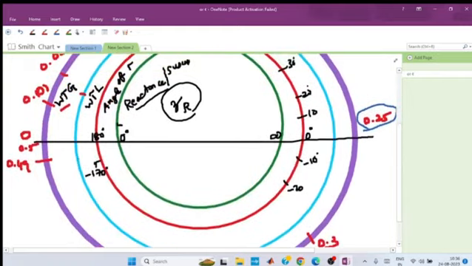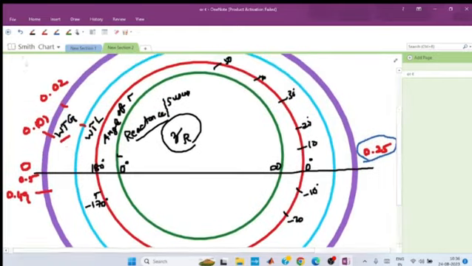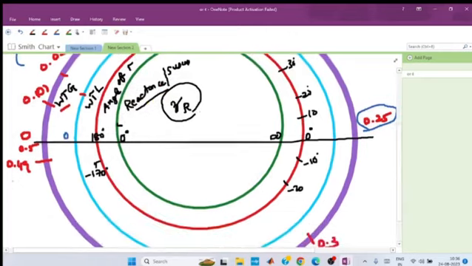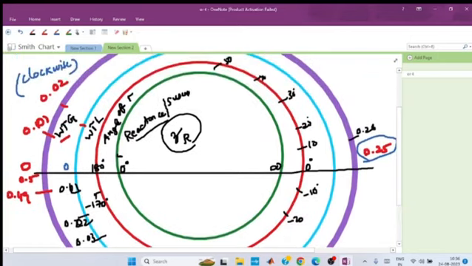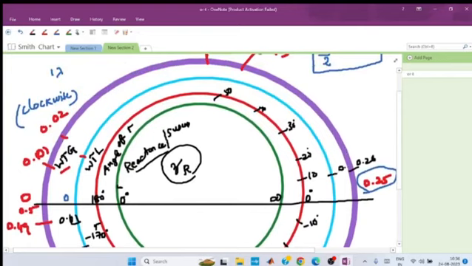Wavelength towards generator means this scale varies in the clockwise direction, but on the wavelength towards load scale here you can see this is 0, then 0.01, 0.02, 0.03, and 0.25, here 0.26 and this is 0.27.